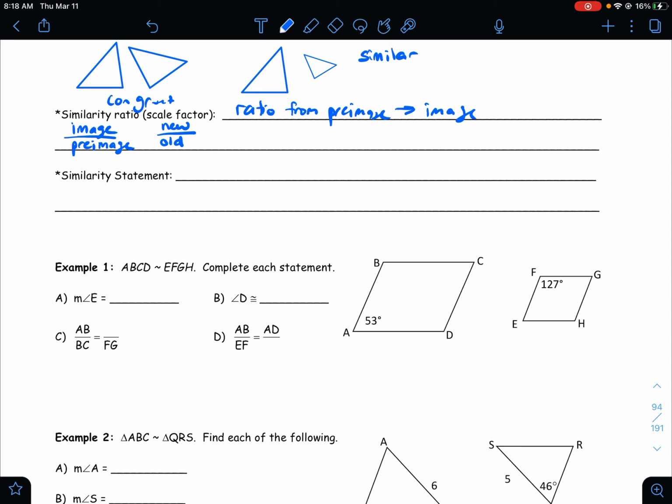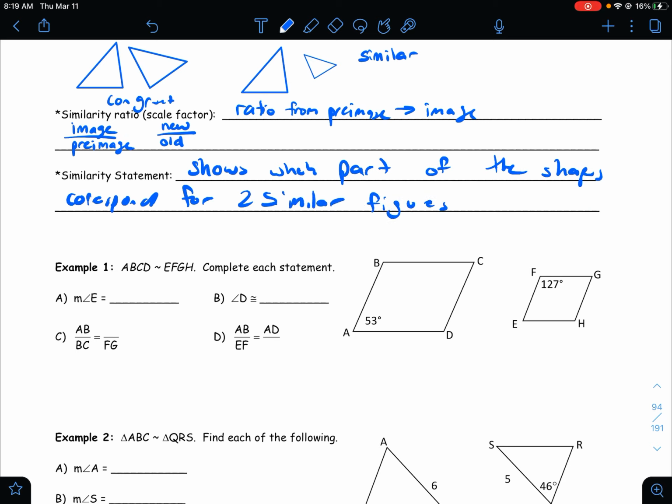And then we've got a similarity statement. A similarity statement shows you which parts of the figure are corresponding, which parts of these shapes correspond for two similar figures.